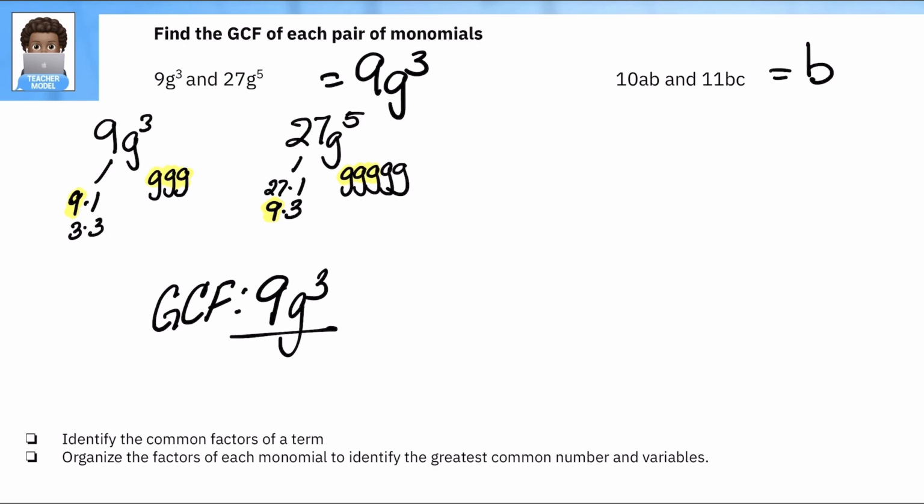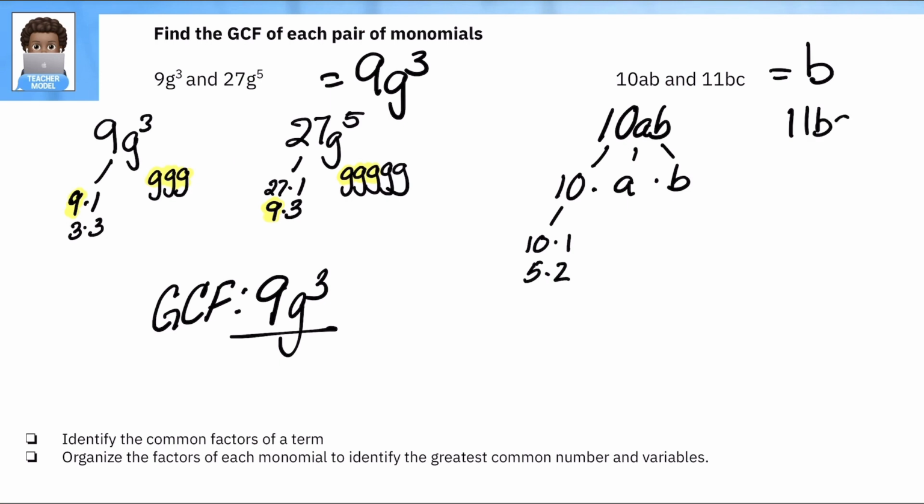All right, let's look at the second one. 10ab, there are actually 3 factors in here. It is 10 times a times b. And for 10, I can find the factors, 10 times 1 and 5 times 2. And 11bc is 11 times b times c, and 11 only has the factors 11 and 1.